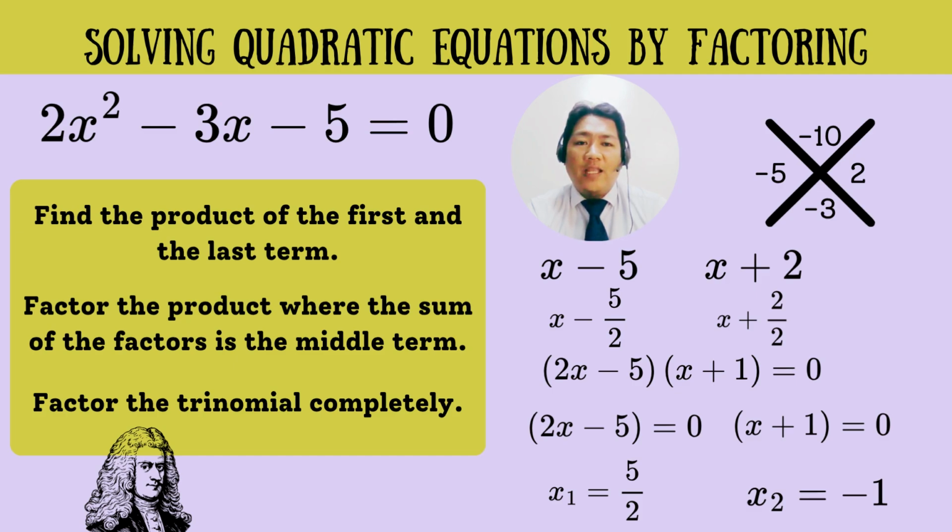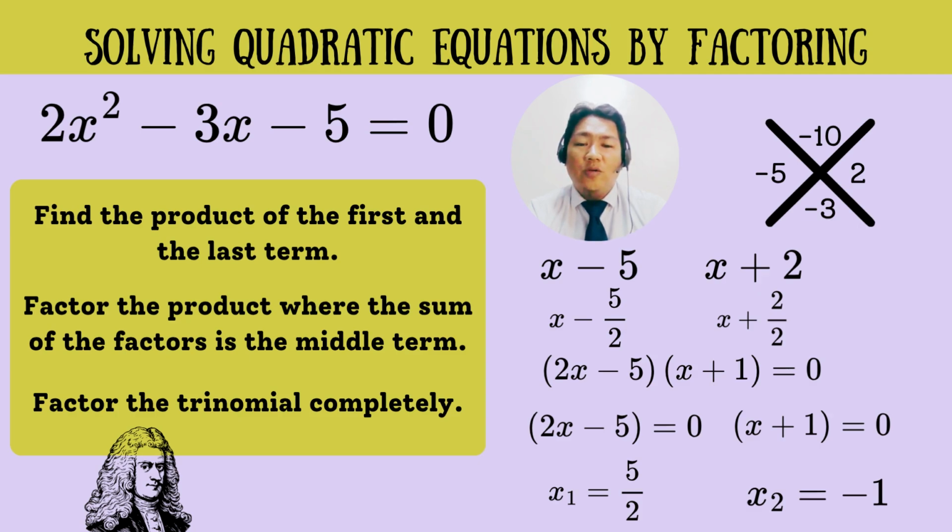Next, find factors of negative 10 wherein the sum of the factors is equal to negative 3. So we have negative 5 and positive 2. These are what we call our preliminary factors. So we put x minus 5 and x plus 2.